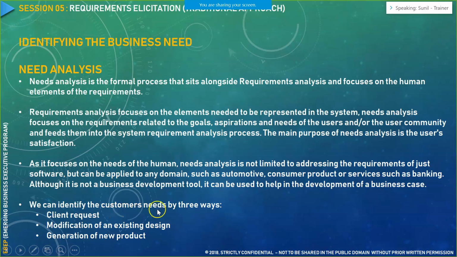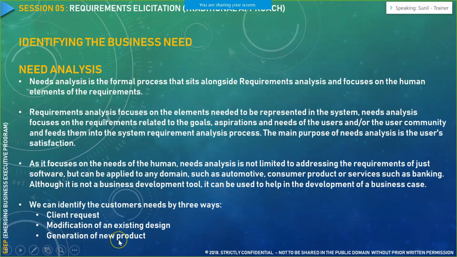So we can identify the customer's needs in 3 ways: client request, modification of an existing system, or generation of a new product. So like I said, in any IT industry project you consider, the nature of the project would typically fall into one of these categories.